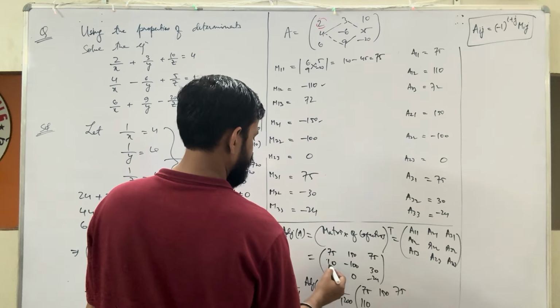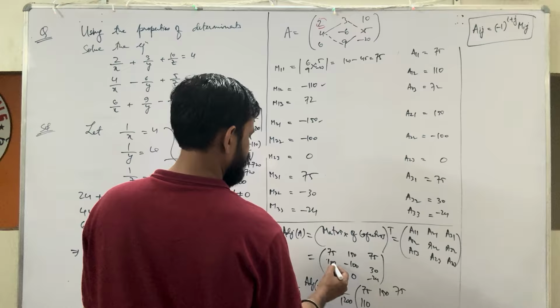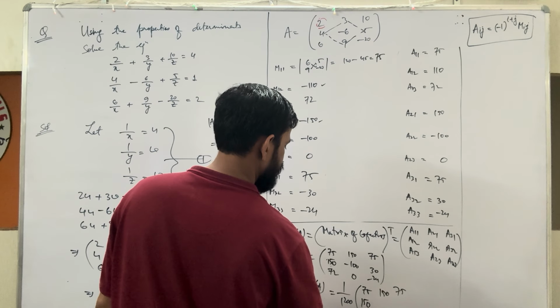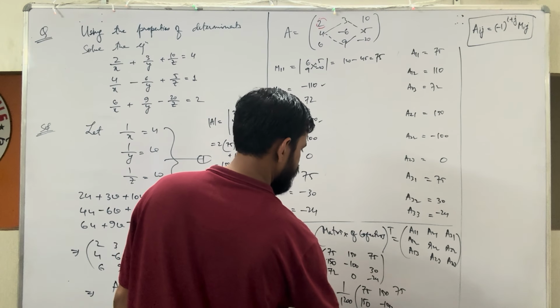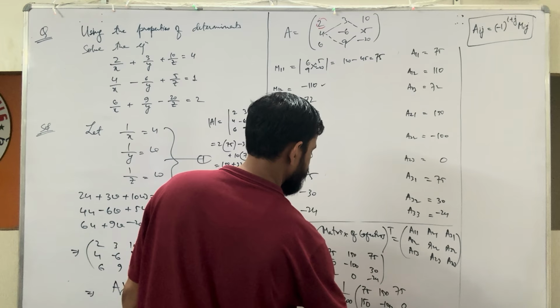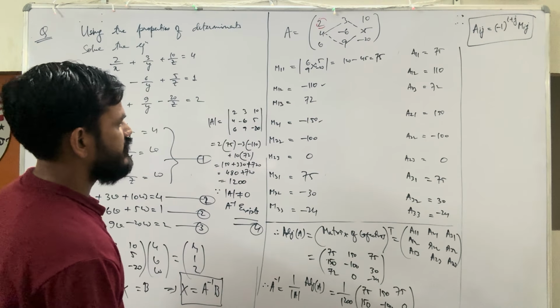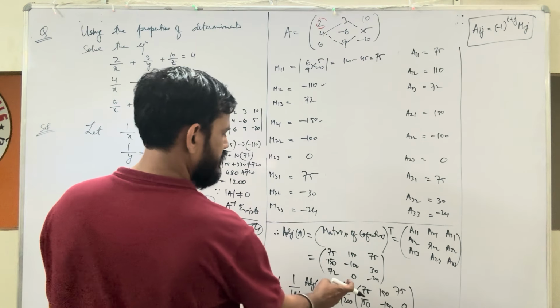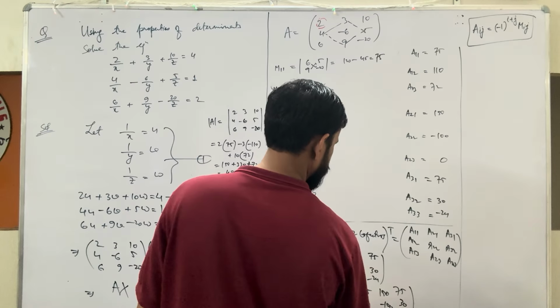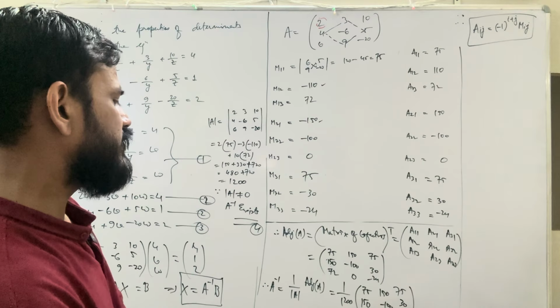A21 is 150. 150 minus 100, 0, 72, 0 minus 24. There are two zeros, right? Why are we getting 0 here? That is 30, no? Yeah. Now this is our A inverse.